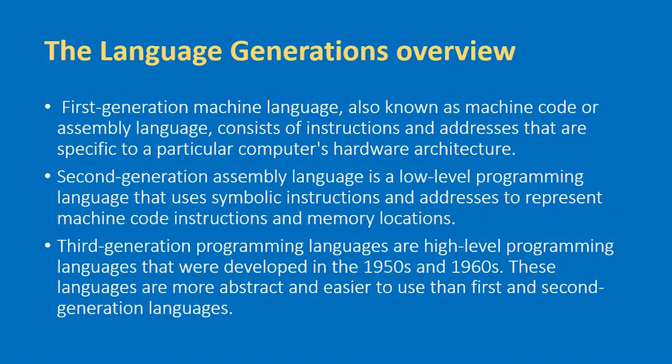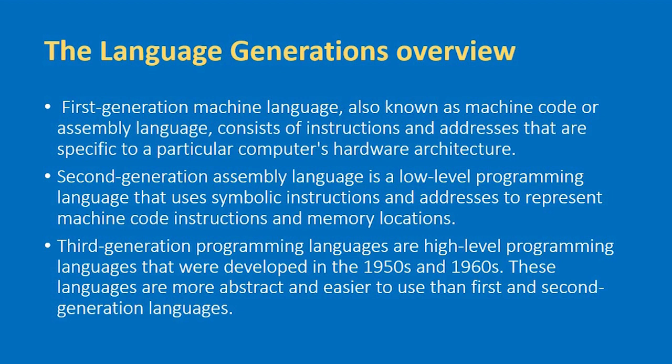The language generation overview. We have the first generation, which is also known as machine code or assembly language. This consists of instructions and addresses that are specific to a particular computer hardware. So once that language was written for this computer architecture, it cannot be used in another computer architecture. Machine code is a low-level programming language that is directly executable by the computer's central processing unit.